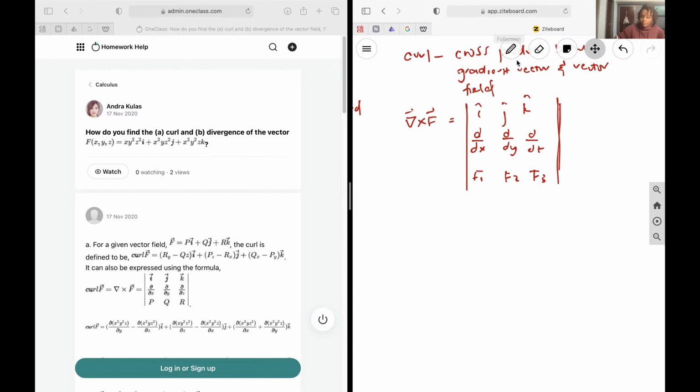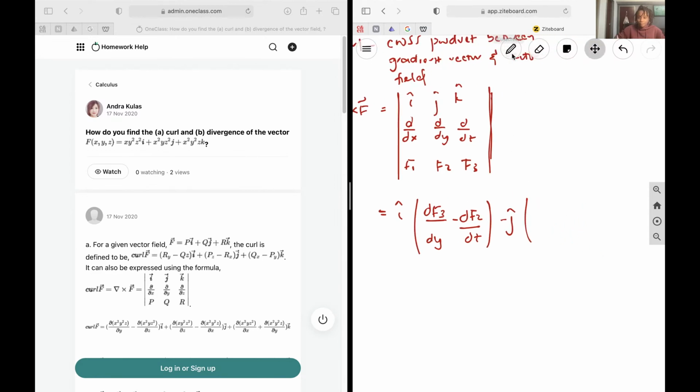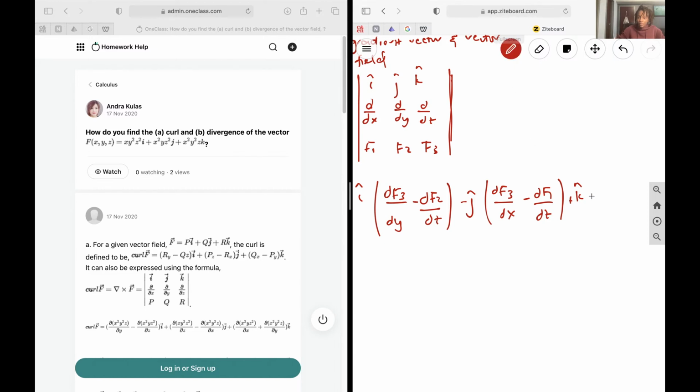And so this will give us i hat into df3/dy minus df2/dz, minus j hat into df3/dx minus df1/dz, plus k hat into df2/dx minus df1/dy.